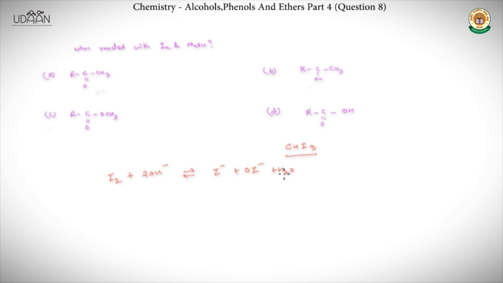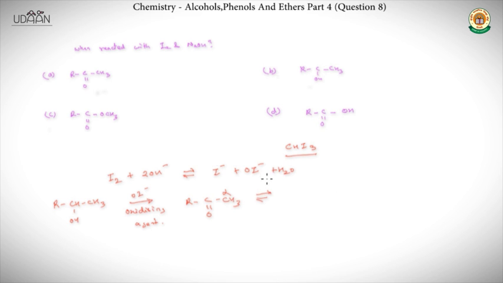Now in my compound I am having RCH(OH)CH3 plus OI minus, which is an oxidizing agent. Therefore, it will oxidize it to a keto group. This is the alpha carbon.